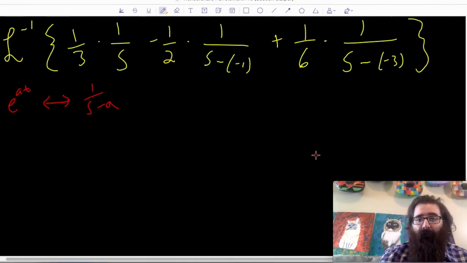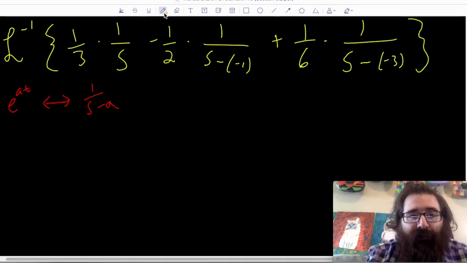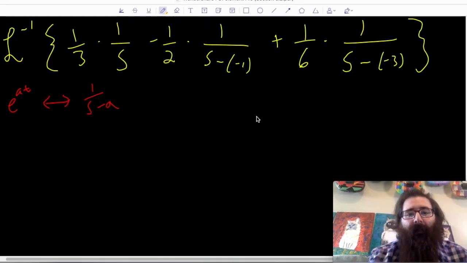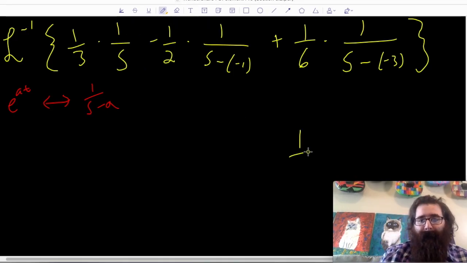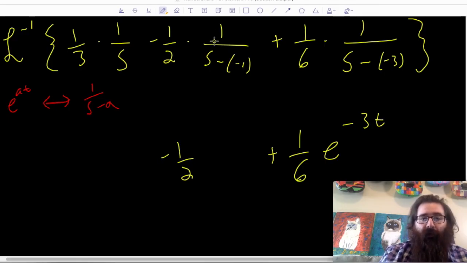So if I want to now run through my inverse Laplace transformation, let's do that. Let's start at the end here. So we have, thought I switched to yellow. Give me yellow. I got 1 over 6, and then 1 over s minus negative 3. That's e to the minus 3t. Here for the middle term, I had negative 1/2, 1 over s minus negative 1.